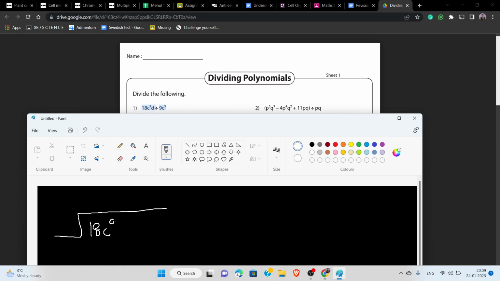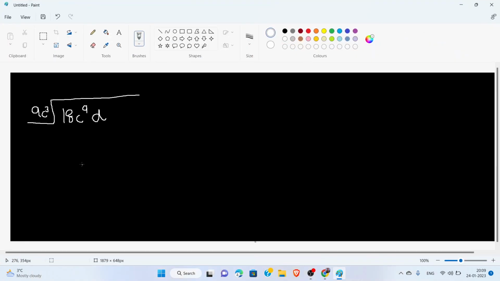18c to the power 9 d divided by 9c cubed. Okay, so what we're going to do here is, this is a monomial. Monomial means it's just one term on its own. The way you classify a monomial is that it can have as many separate factors, but the condition is that they all have to be multiplying.